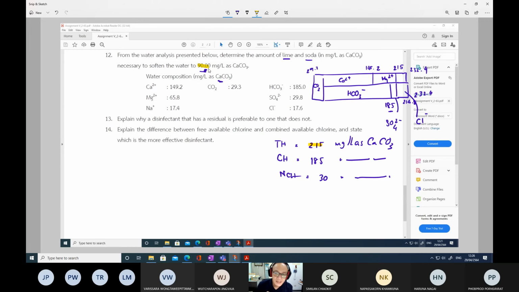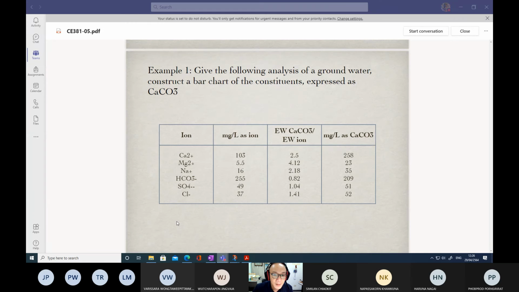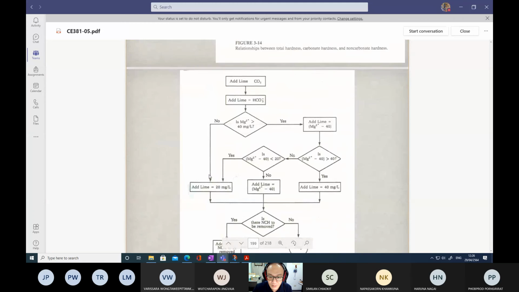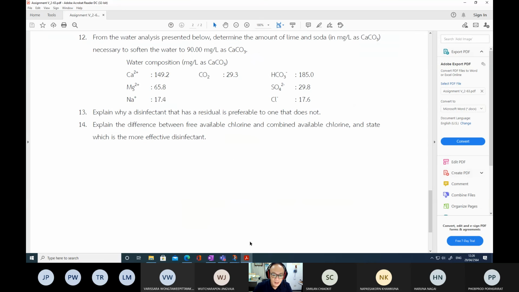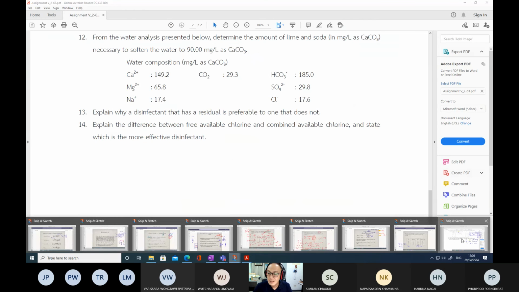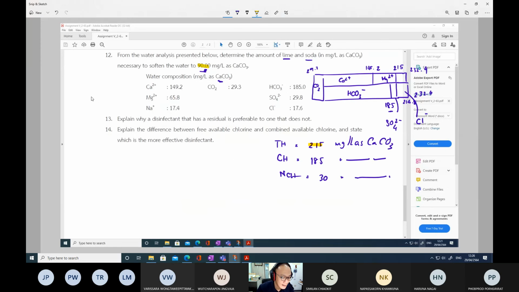So the question is, what will be the amount of lime required? We have to go according to the diagram. You can make use of this diagram. First, we add lime equal to the amount of carbon dioxide.